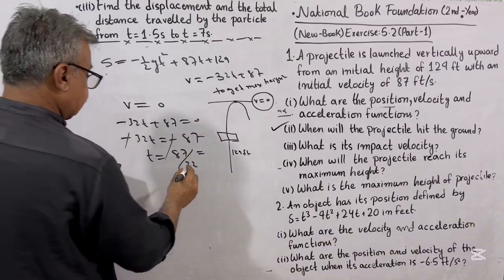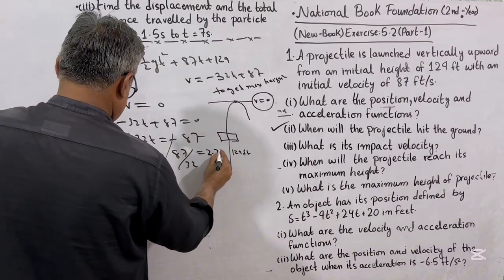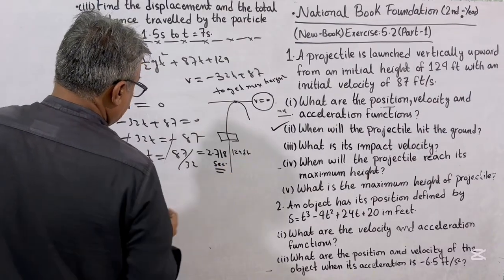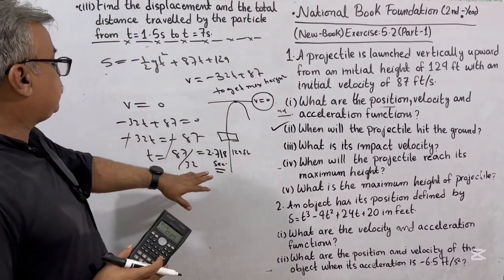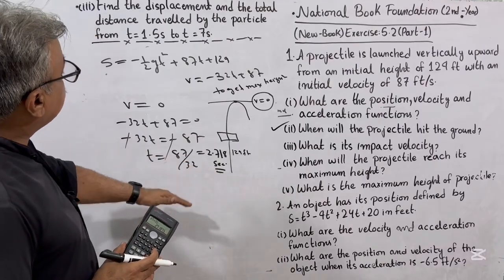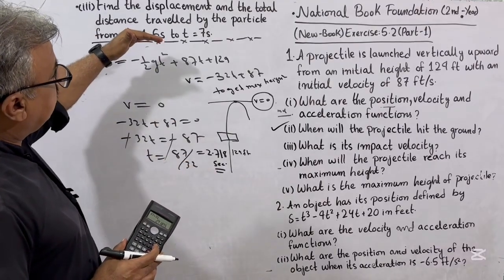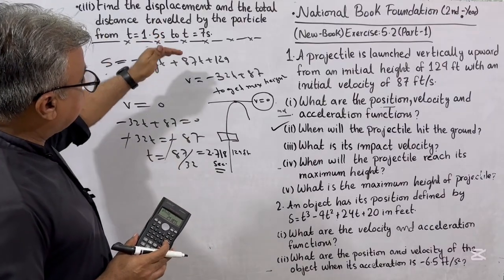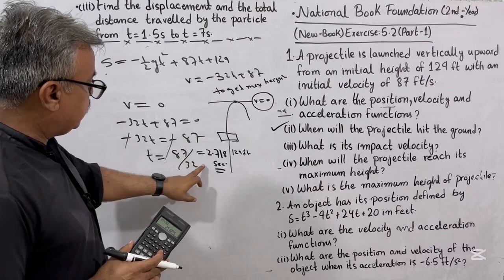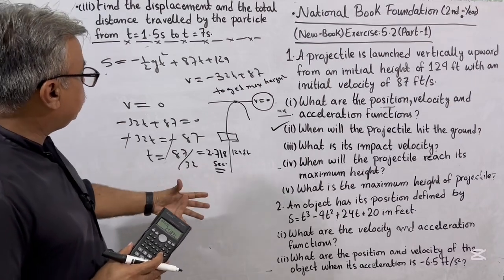It's 2.718 seconds. After 2.718 seconds, the projectile is at its maximum height. How do we come to know that?